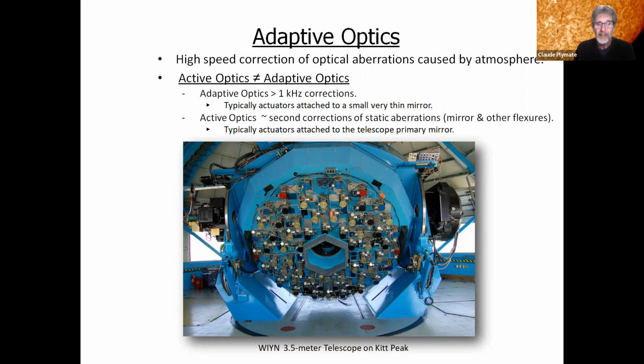And typically in that case, the actuators are connected directly to the back of the primary mirror itself. Here's a picture of the mirror cell. Will physically control the primary mirror to keep it in the shape that they desire.